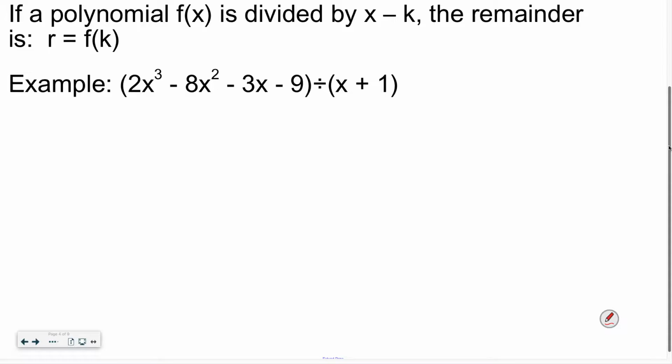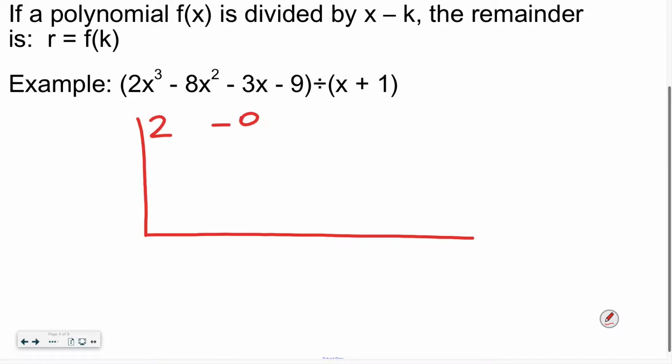Heck yes. I'm excited when our divisor is linear because that means we can use synthetic division. So we have 2, -8, -3, -9. I do not have a missing term, so I don't need to put a 0 placeholder. And if we're dividing by x plus 1, then the number out here needs to be what, Madeline? -1, okay? This is x minus k. So we need to think of it as x equals -1. We kind of solve for it.